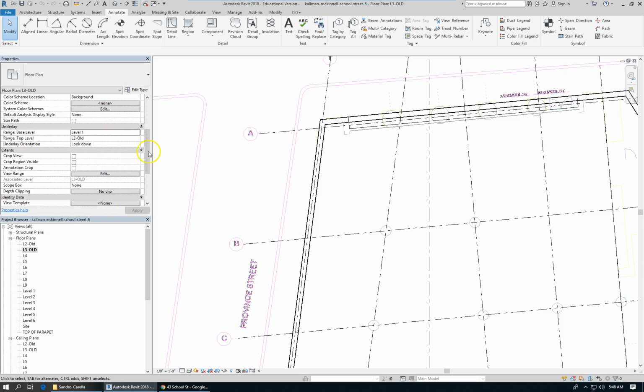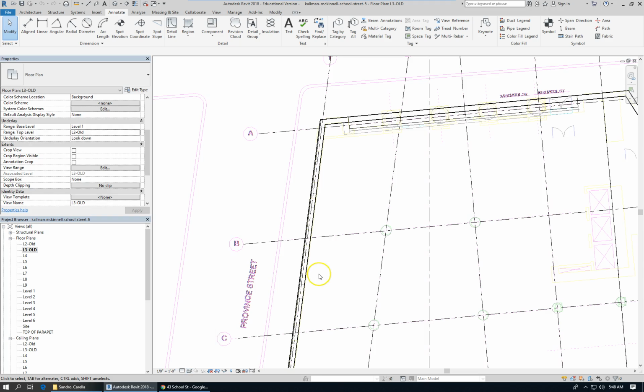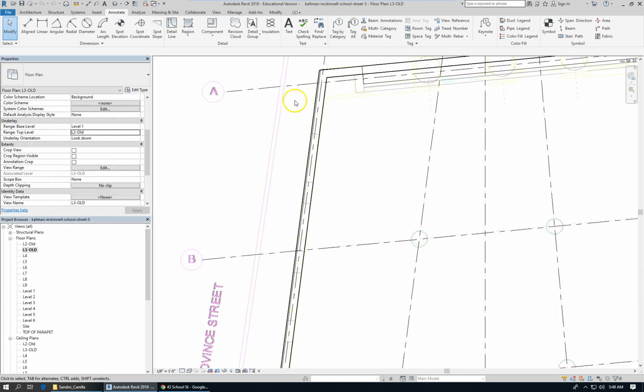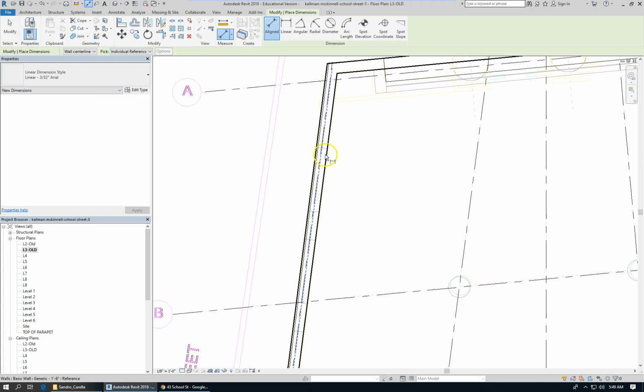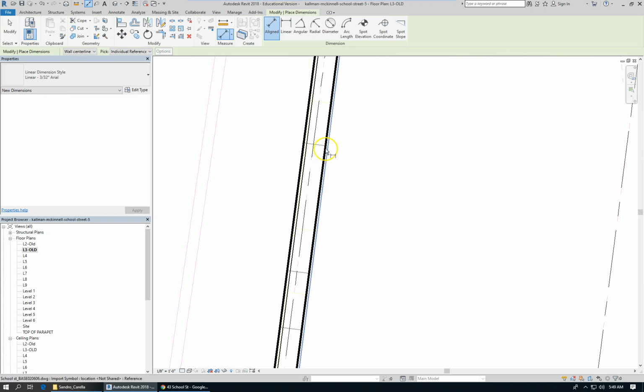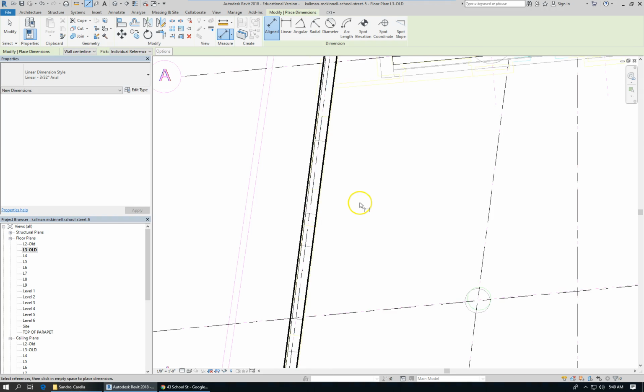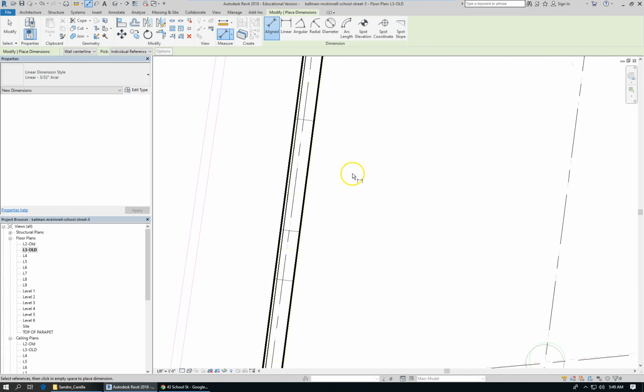Level 1, we can't see the windows, so we'll change to wire frame and we'll get a measurement. We should be able to snap to that curtain. I can't.